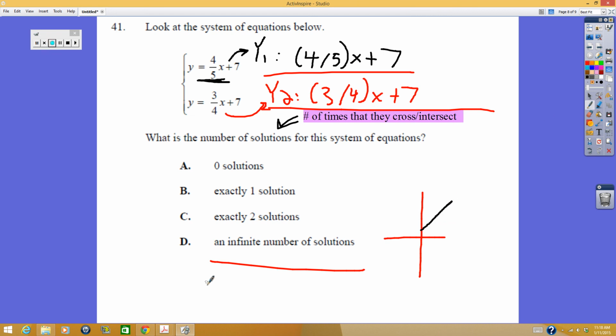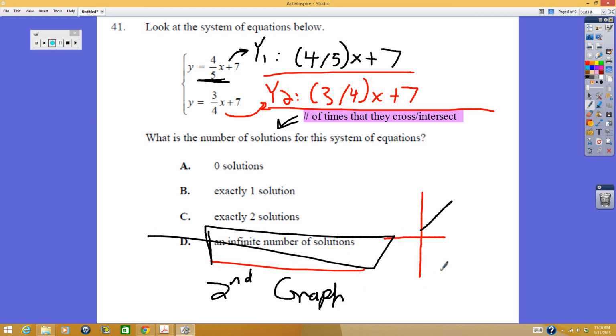And you can go to second graph, guys. If you look at second graph, which takes you to your table, it'll also show you, if it's an infinite number of solutions, your y1s and y2s on that table would be the exact same thing every time, okay? That's pretty rare for what we're doing, but it does happen here and there.